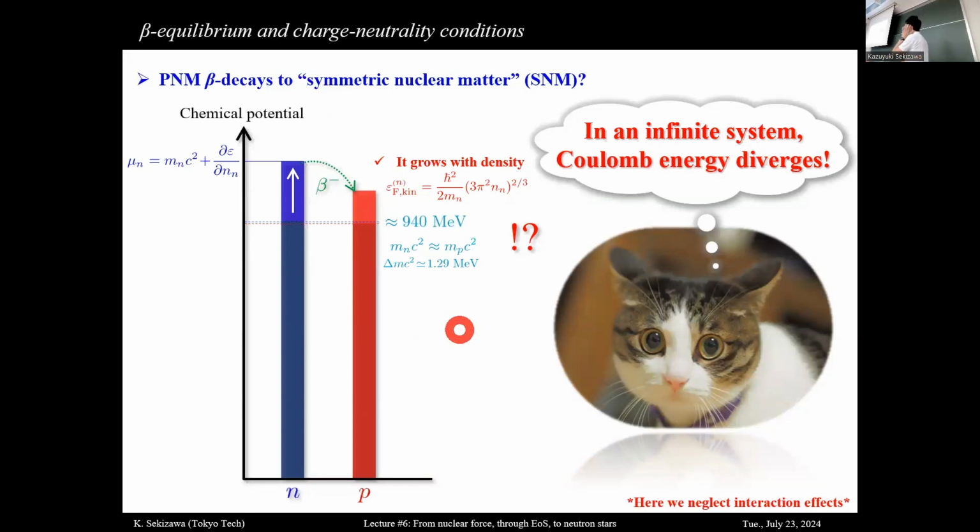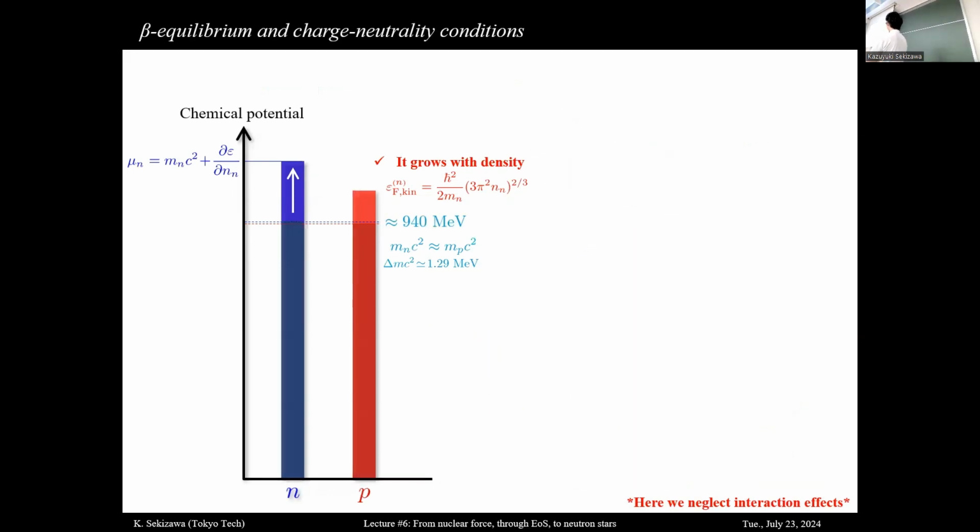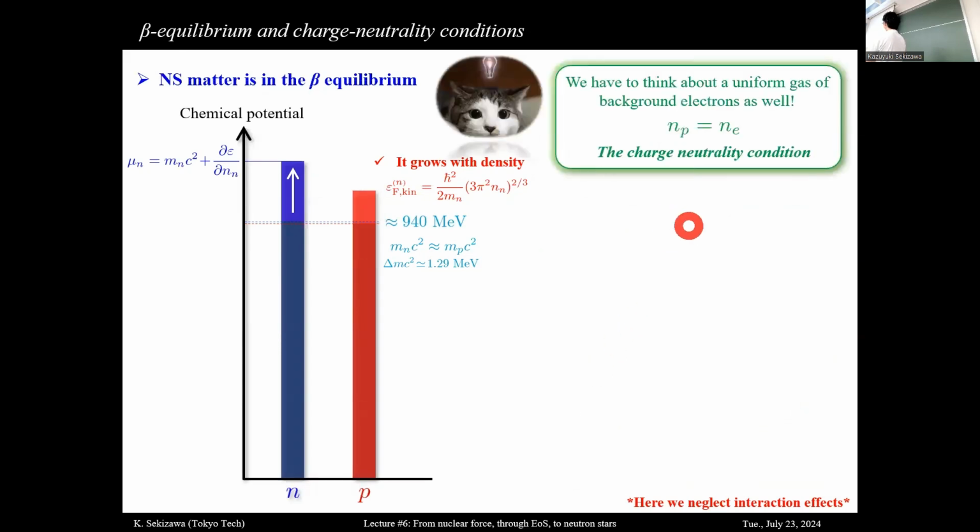So what should we do? Fortunately, we have a negatively charged particle, namely the electron. So we can distribute a background electron gas together with neutrons and protons, and we require the charge neutrality condition. This is the requirement that the number densities of protons and electrons must be the same to make the system electrically neutral.